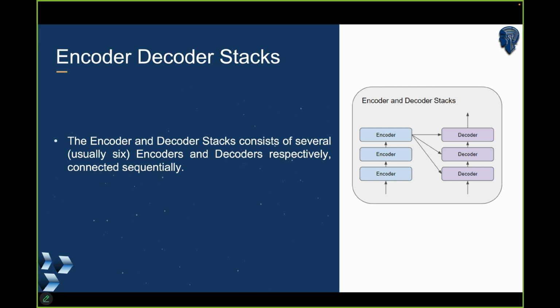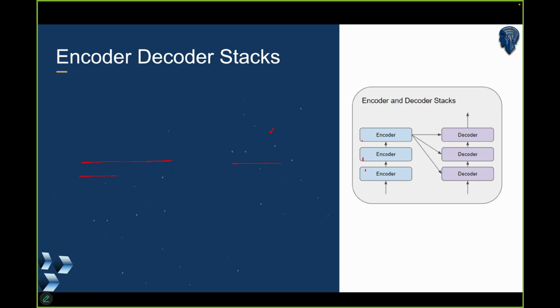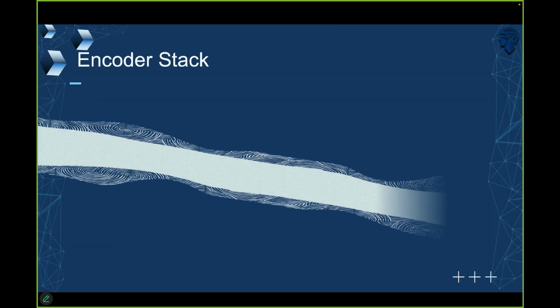The encoder and decoder stack consist of several, usually 6, encoders and decoders respectively, connected sequentially. So encoder, encoder, encoder, and then the output of the encoder stack is fed into the decoder stack.